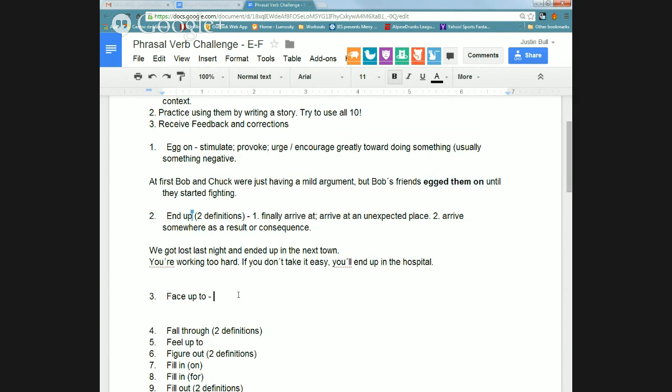Okay, that's good. I like that. It's a very general statement. So I'm going to give you maybe a more specific example. Face up to, meaning in Spanish, enfrentarse. Okay, yeah, I guess that is very similar.